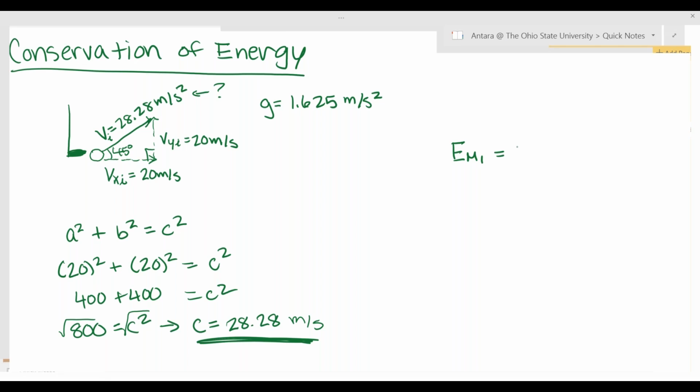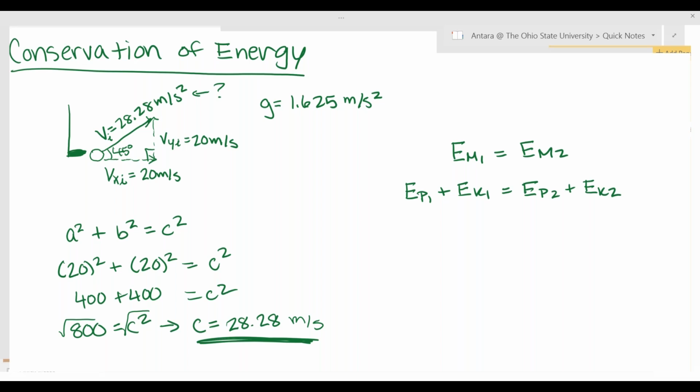EM1 equals EM2. This is always true because of the law of conservation of energy. So that means that initial potential energy plus initial kinetic energy equals final potential energy plus final kinetic energy.